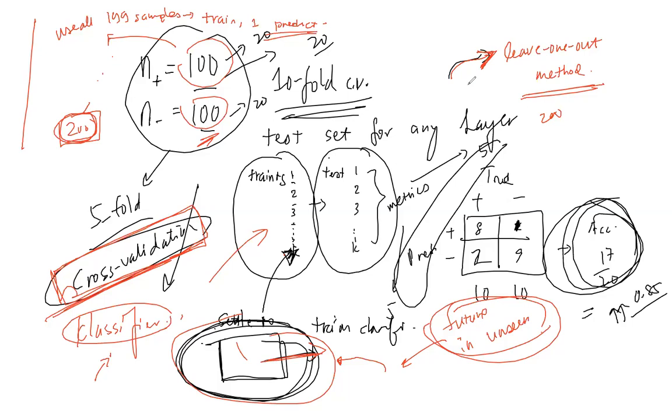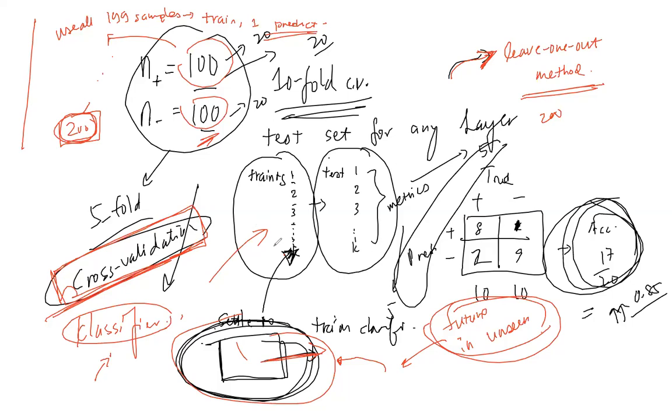If your classifier is very unstable, it will do very badly in the leave one out. That means even if I train with the bulk of the data, I still predict with some variation, right? So if that's the case, then you have to be careful with your model.